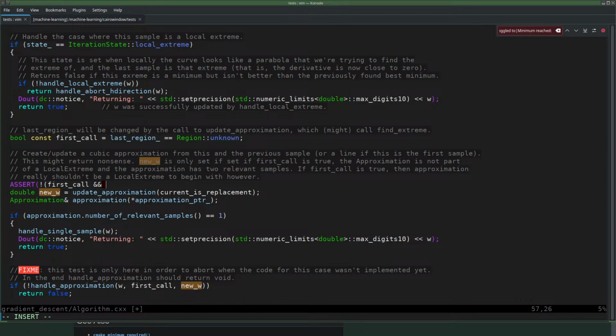Okay, how do I test if approximation pointer is on the stack?